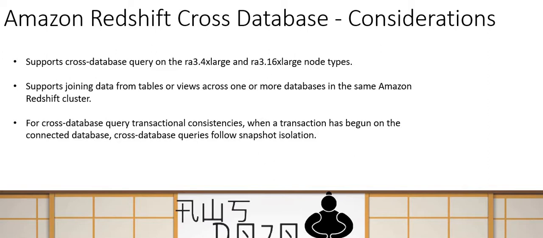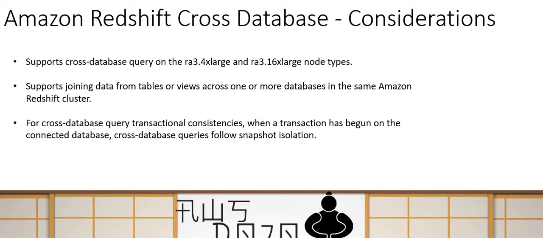That means whatever data comes from the cross-database queries at that point of time is a snapshot. It cannot change after that, because it could be that those databases you're querying from are getting their own transactions and that data is getting updated.